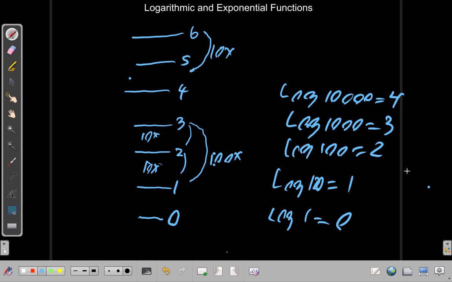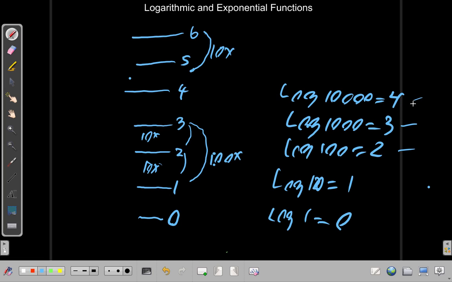So when you look at the Richter scale, notice that the answer with a magnitude 3 is 10 times larger than the answer with a magnitude 2, because 1000 is 10 times larger than 100.